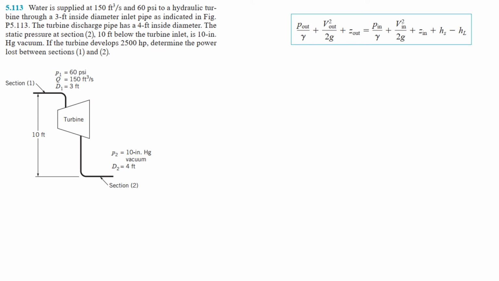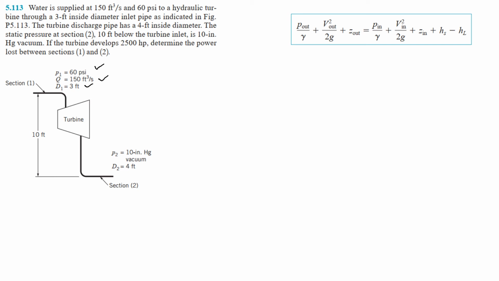That is, Q is equal to 150 cubic feet per second, and 60 psi to a hydraulic turbine through a 3 feet inside diameter inlet pipe, as indicated in the figure. So this is our section 1 as already mentioned in the diagram. P1 is the pressure at section 1, the flow rate is already given, and the diameter of the pipe at section 1 is already given.